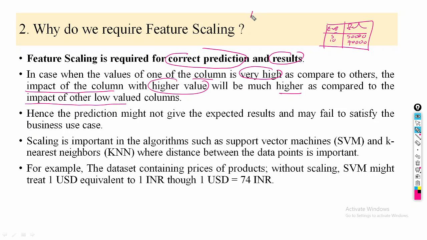Every feature value has two things. What are the two things? The first one is the magnitude, and the second one is the units. Experience is measured in units of years, and salary in rupees.